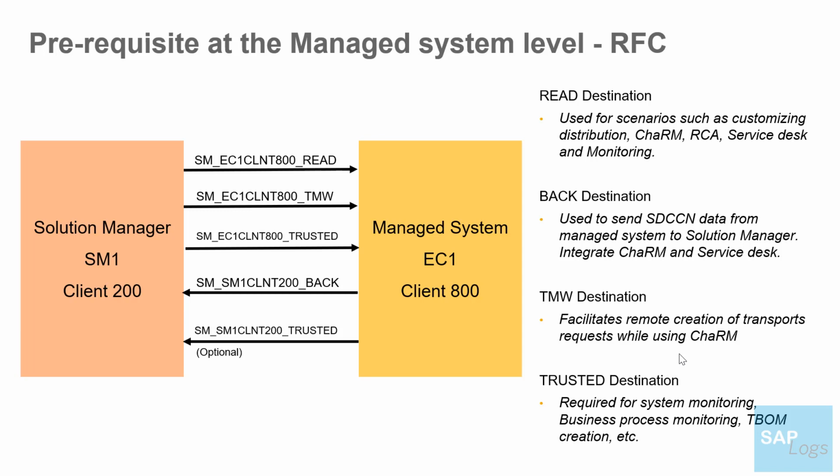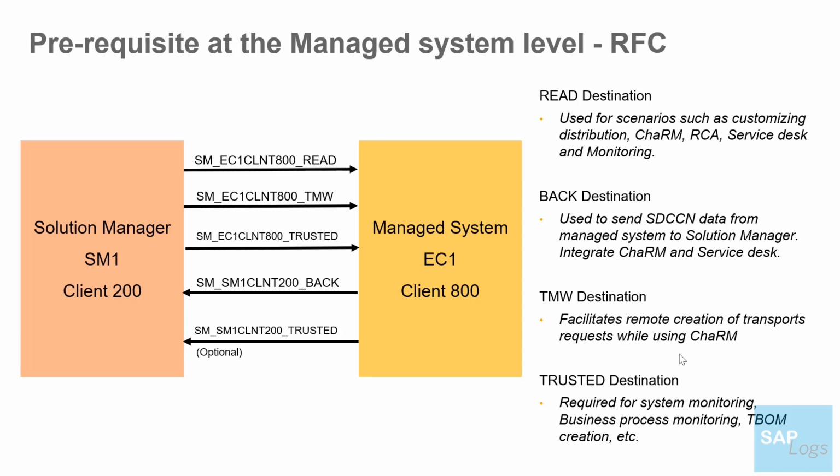There is a back destination that's used to send SDCC data from the managed systems to Solution Manager so that it can integrate better for tools like ChaRM and service desk. And the TMW destination facilitates remote creation of transports. For example, if you're using ChaRM, then you have to create transports in the managed systems such as ECC, and the TMW destination is the one that will facilitate this.